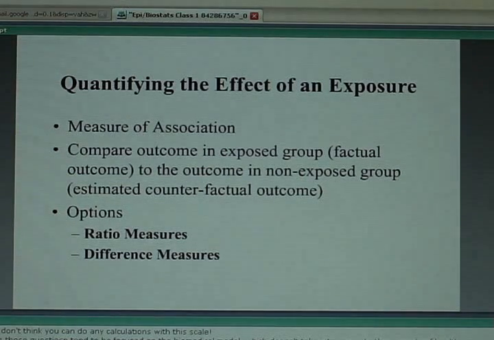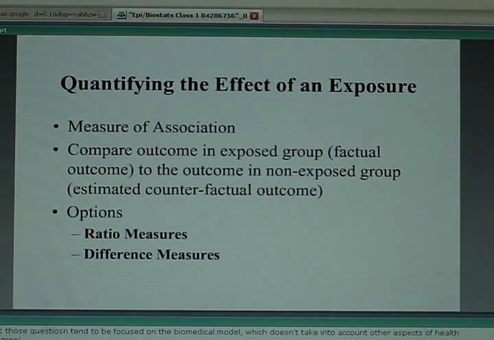And the point is that all these measures of association, which are calculated by comparing the outcome in one group of people, the exposed group, the spam users, to the outcome in another group of people, the non-exposed users, the non-spam users, are done by doing one of two things.